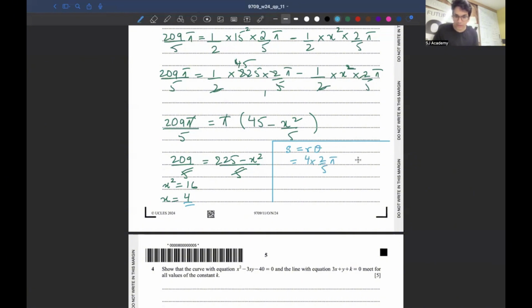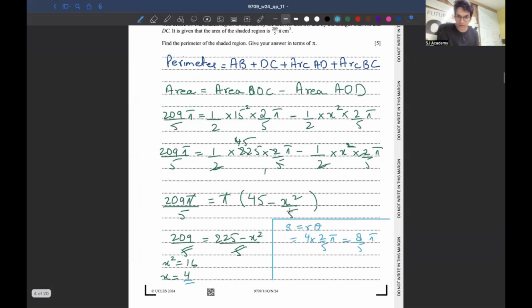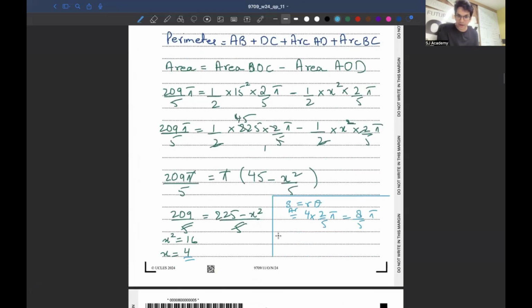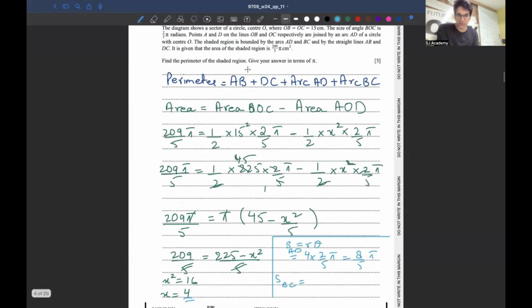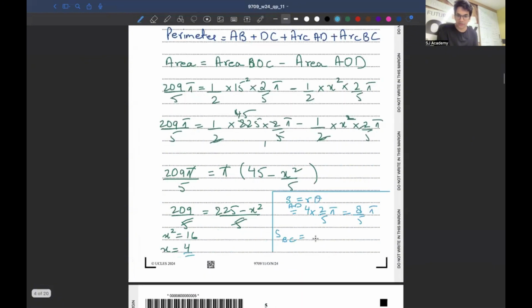So this total length is 8/5 π, and this is the arc length AD. Then the arc length of BC will be given by the total radius, which was 15, so that would become 15 multiplied by 2/5 π. 5 times 3 is 15, so this will become 6π.